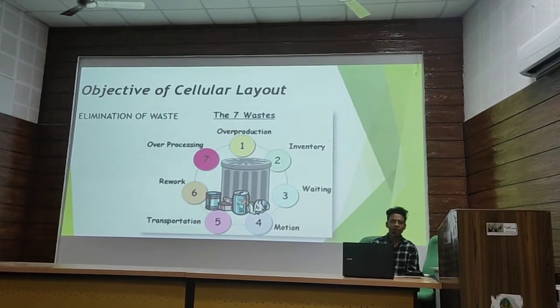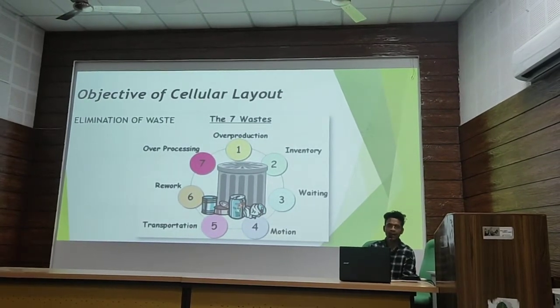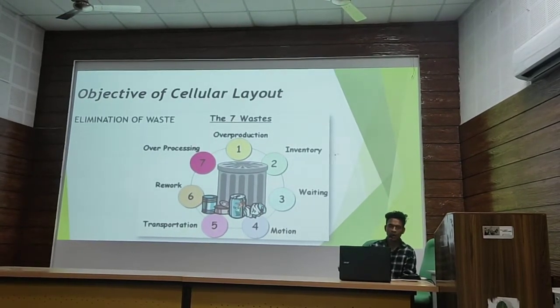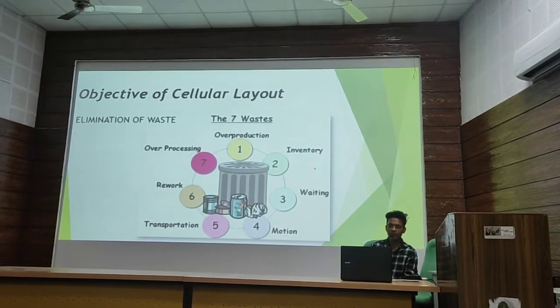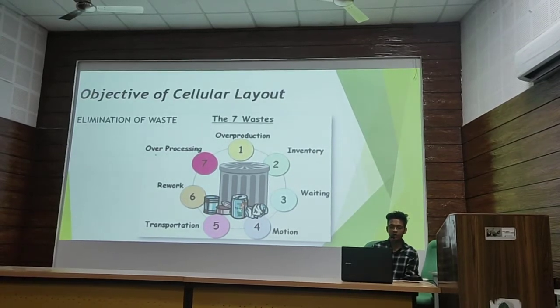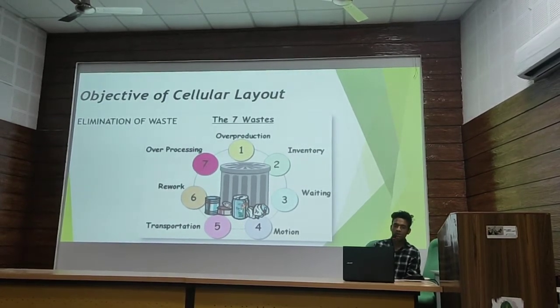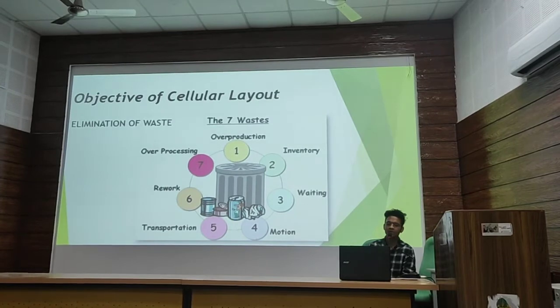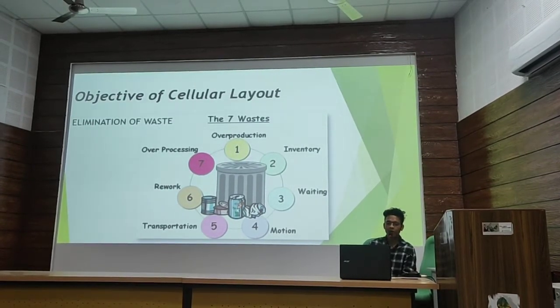In short form, we can also say it as TIMWOOR, where T stands for transportation, I for inventory, M for motion, W for waiting, O for overproduction, another O for overprocessing, and R for rework. So the main objective of our cellular layout is to eliminate waste.